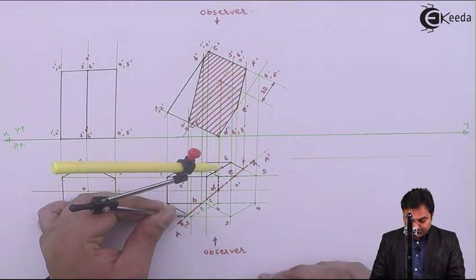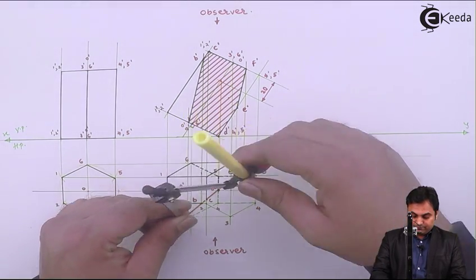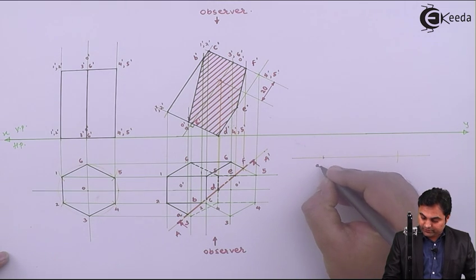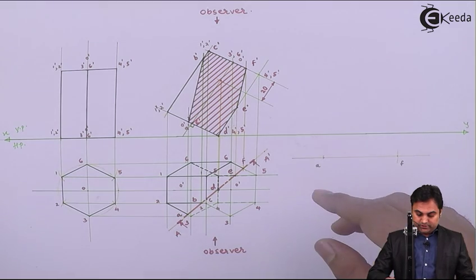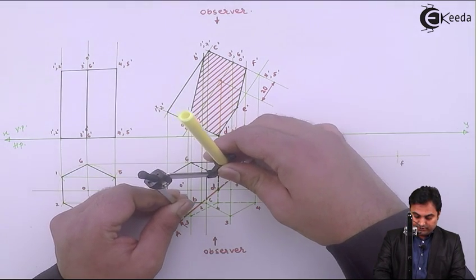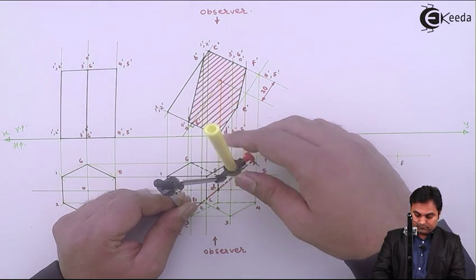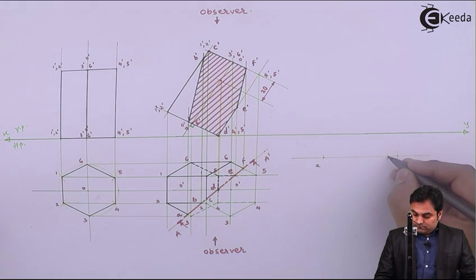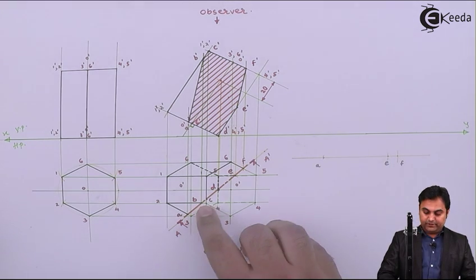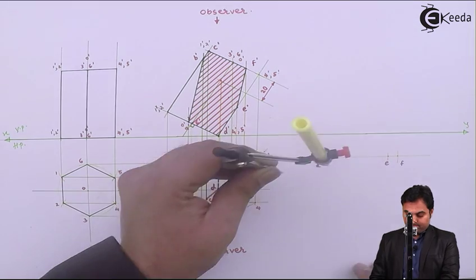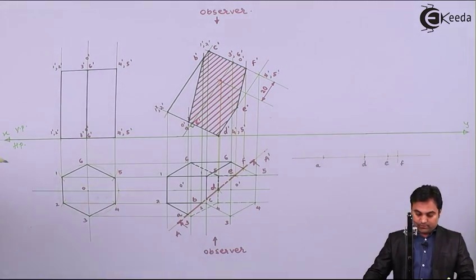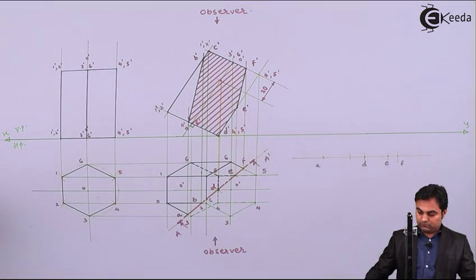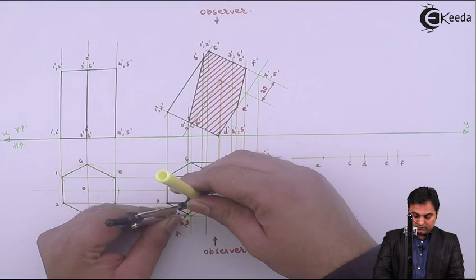It is starting from this point A, ends on point F. So here we have point A, this is point F. Then taking the distance from A up to E. So measuring from A to E, cutting this. Next, A to D. Then A to C. And A to B.